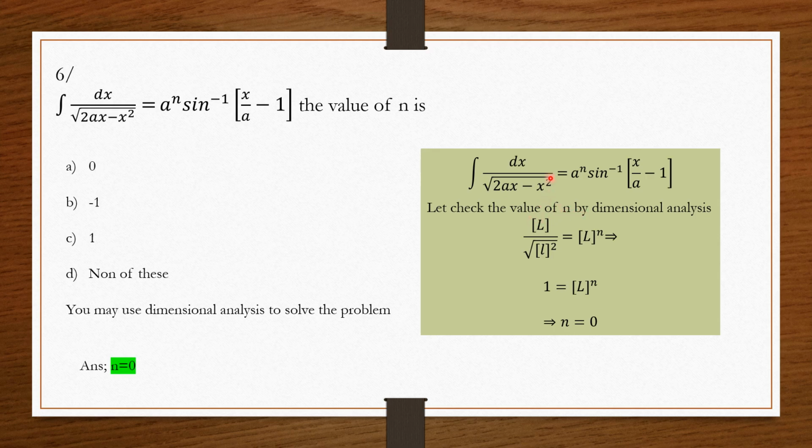Here the upper part has a dimension of L, and the lower part has a dimension of root of L square, and this is equal to the right side, which will have the dimension of L to the power n. By solving it we get L to the power n equal to 1, and so n will be equal to 0. So the right answer is option A, that is n equal to 0.